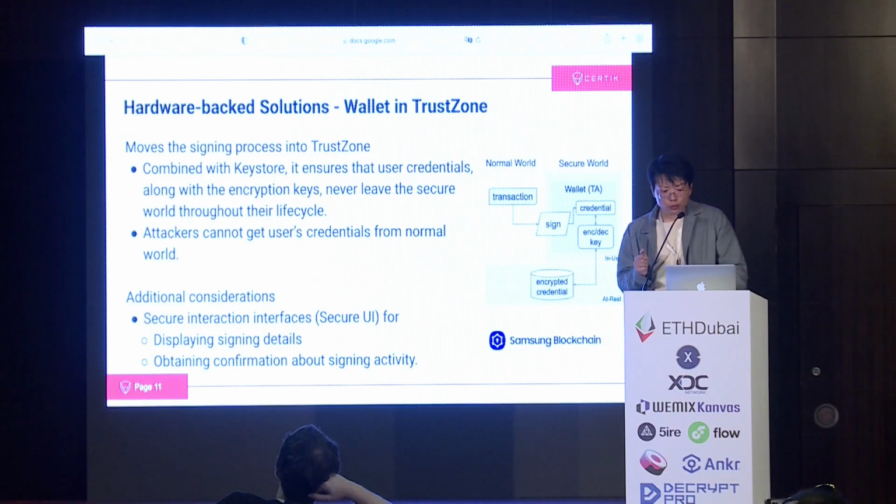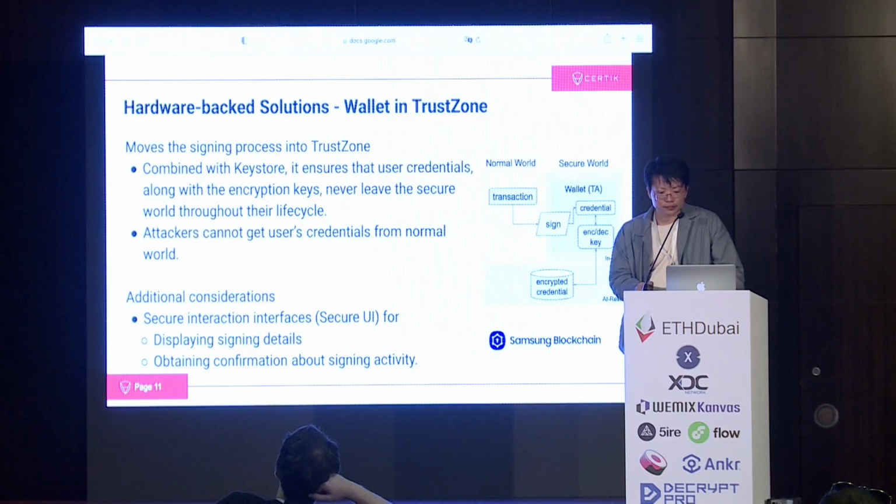Wallet in Trust Zone moves the signing process into Trust Zone. Combined with Keystore, it ensures that user credentials and encryption keys never leave the secure world throughout the entire life cycle.